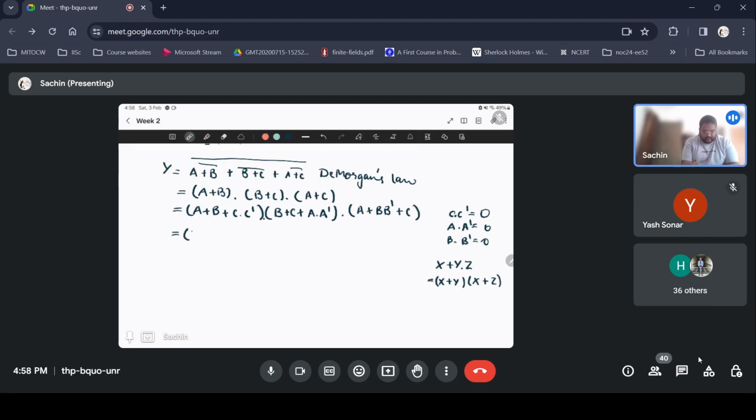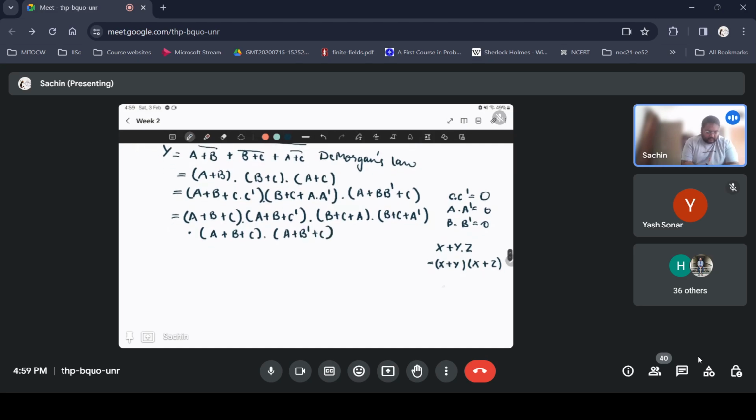So what this will become is A plus B plus C into A plus B plus C bar. Similarly for the other two things, B plus C plus A, B plus C plus A bar, and A plus B plus C, A plus B bar plus C.